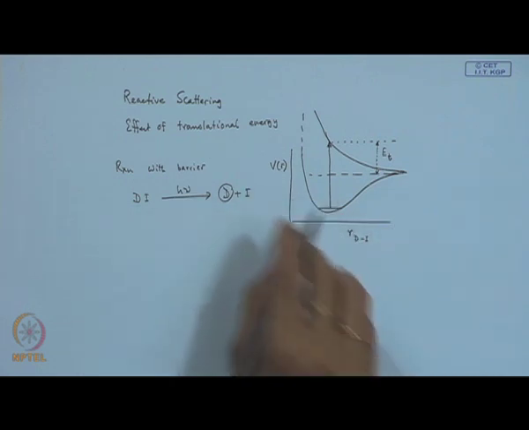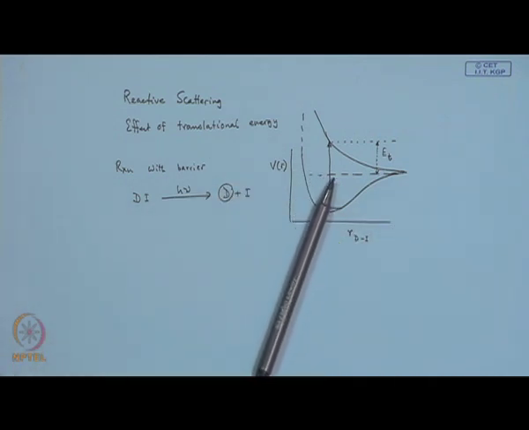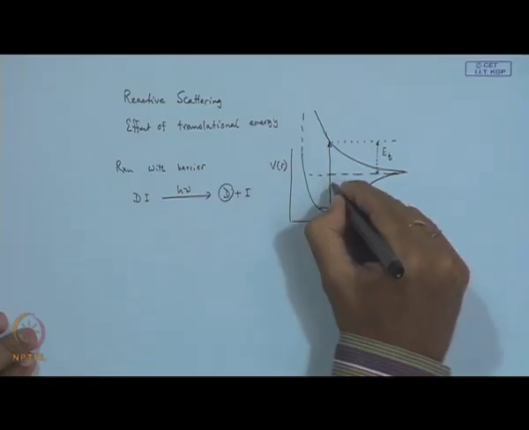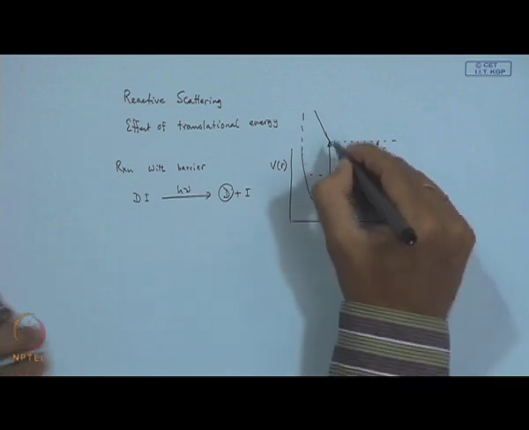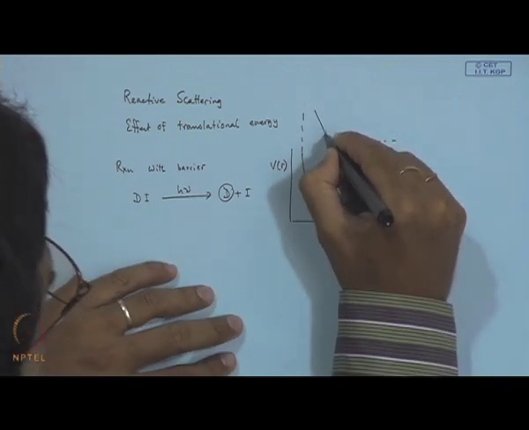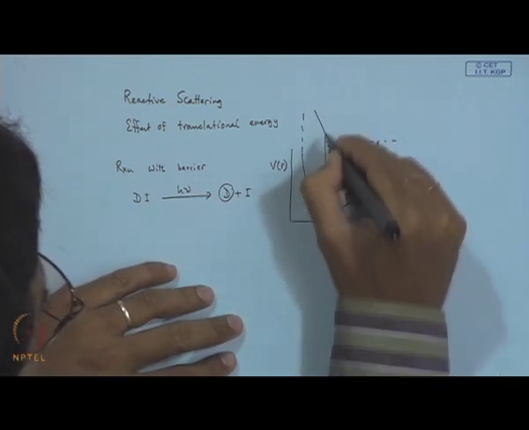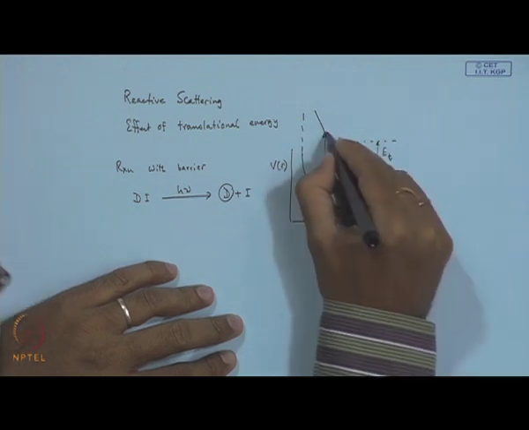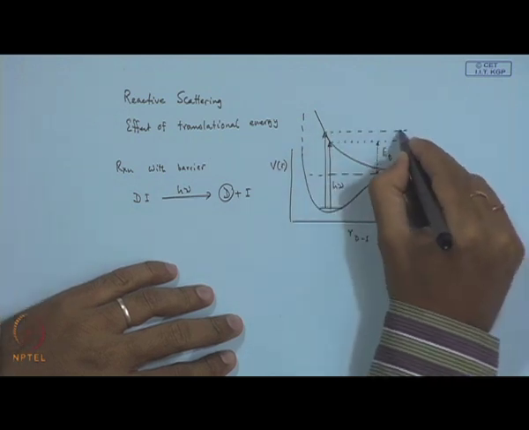You can also vary this by changing the frequency, by changing nu. So, this is h nu. If you change this frequency, maybe here, then this one will be more.